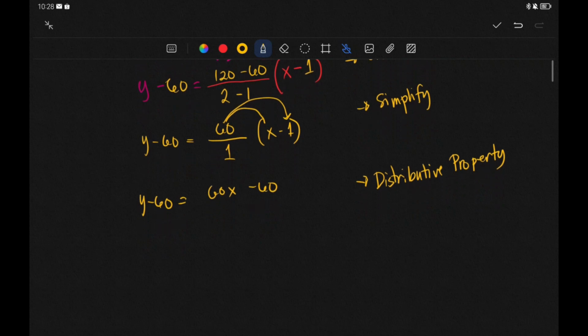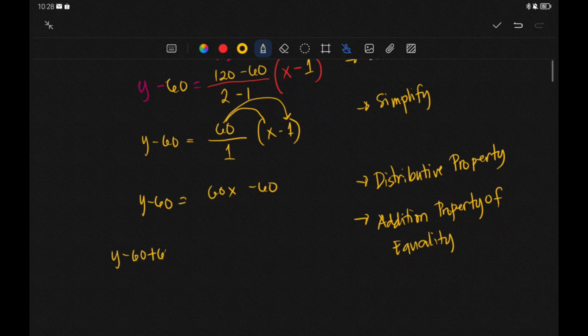Next, you are going to apply the addition property of equality. Meaning you are going to add 60 on both sides. So, y minus 60 plus 60 equals 60x minus 60 plus 60. We add 60 on both sides to eliminate negative 60, so it moves to the other side. Now, let's proceed.